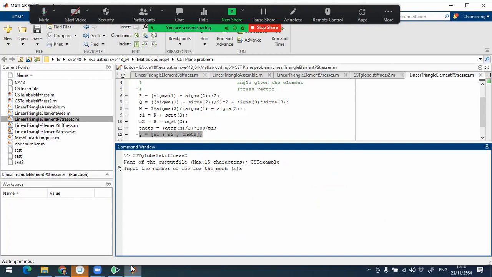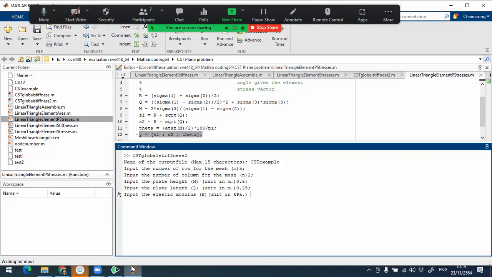In this case, M is equal to 5, and then N, the number of columns, is just 2. The height of the plate is especially for this type of problem, in meters, it should be 0.5, and the length of the plate becomes 0.25.